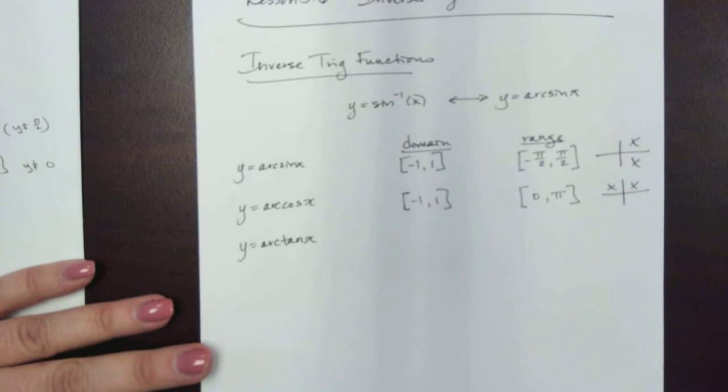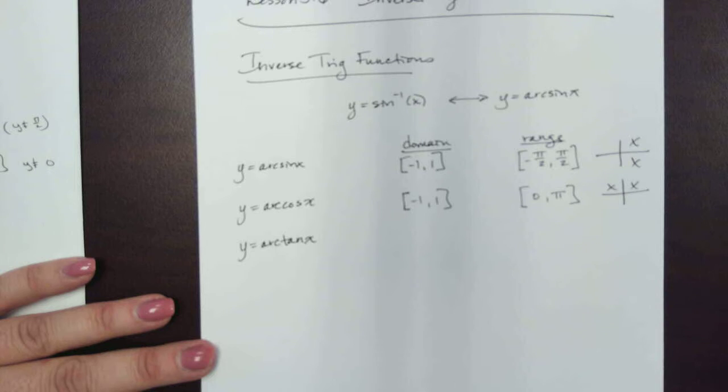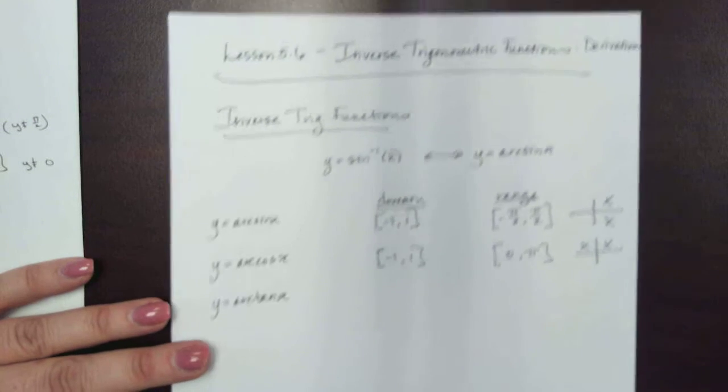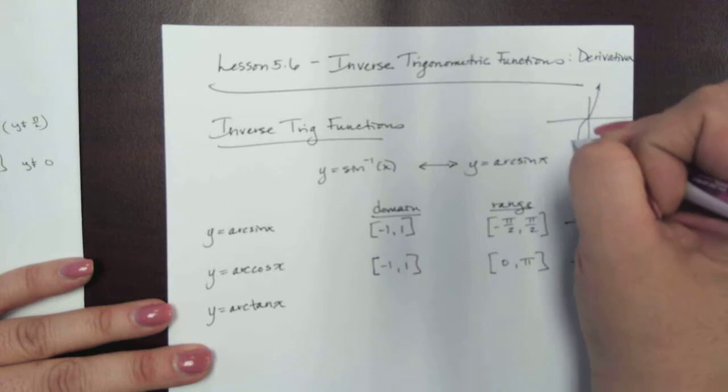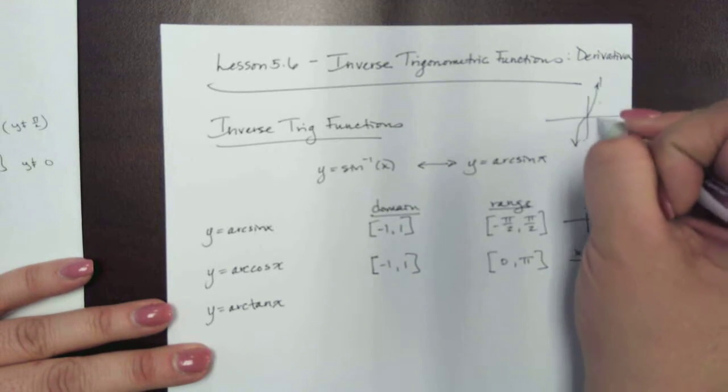Its domain, what is the range of tangent x? Not inverse tangent, the straight up tangent. What is the range? Think of the graph. So tangent x, over here I'm going to draw a little picture. Tangent x looks like this, with asymptotes.